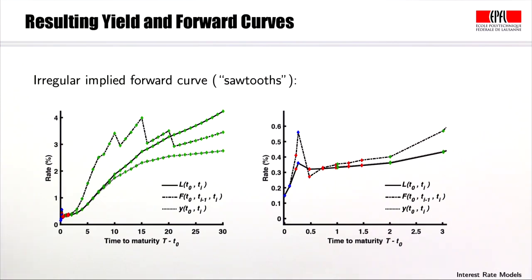But if we look at the forward curve, this is the middle curve here, we see some sawtooth. If we again zoom in into the first 3 years, this is what is shown on the right-hand side. We see the irregularities also showing up here.